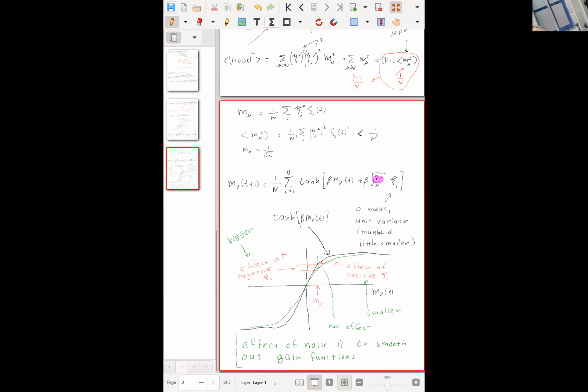That's maybe one of the most important points you can take home from all this analysis. If you remember that, I'll be very happy.